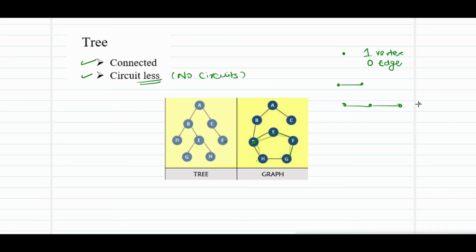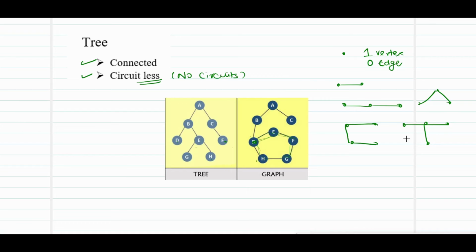How can you draw this in different ways? You can bend it and draw it in this way. So it is connected and it doesn't form a circuit. 1, 2, 3, 4. So this is also a tree. This is going to be a tree with 4 vertices.